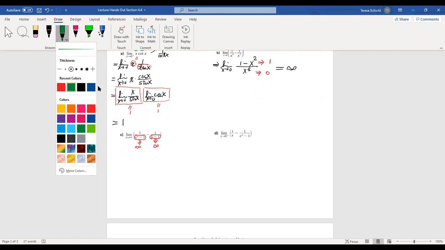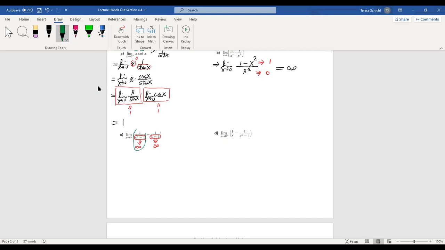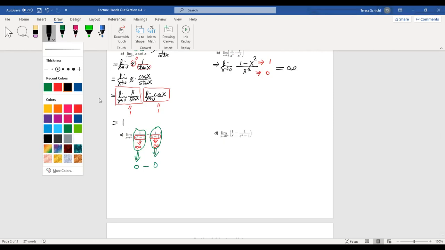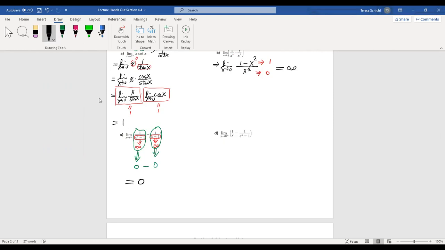But each one is in the denominator. So when the denominator approaches infinity, this term approaches 0, and this term also approaches 0. So this limit is 0 minus 0. Is 0 minus 0 determinate or indeterminate? It is determinate, because 0 minus 0 is 0. So it's 0 here.